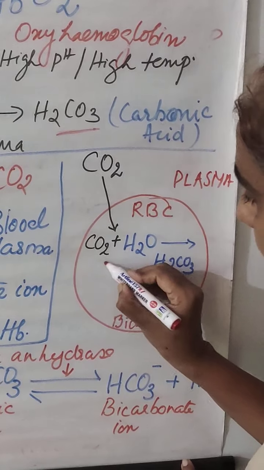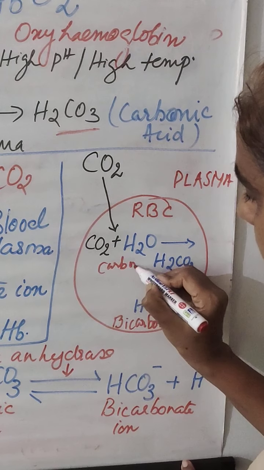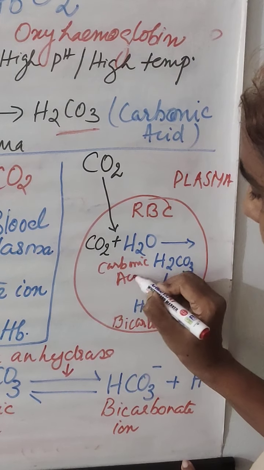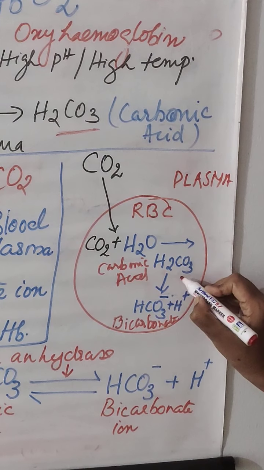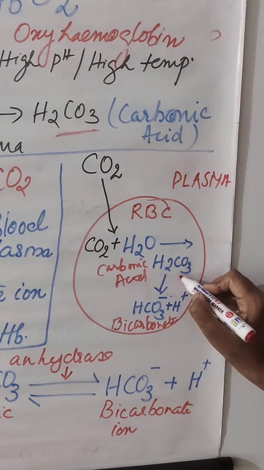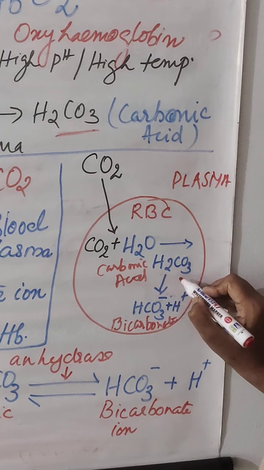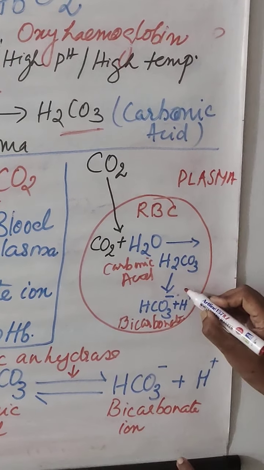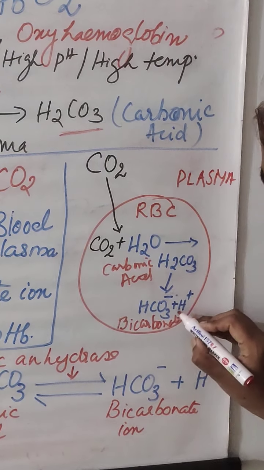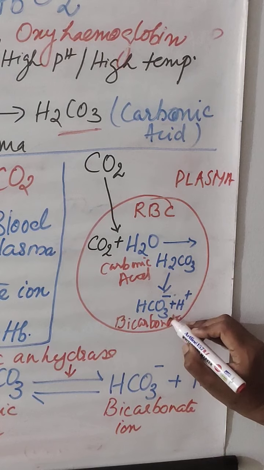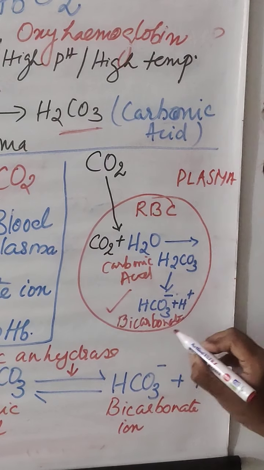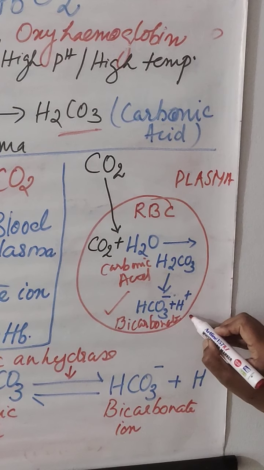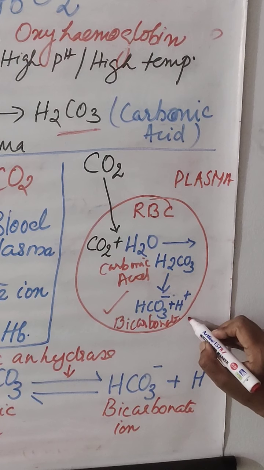So we are seeing that carbonic acid, which is formed by the activity of carbonic anhydrase enzyme, is getting ionized in the form of two ions: the negatively charged bicarbonate ion and the positively charged hydrogen ion.